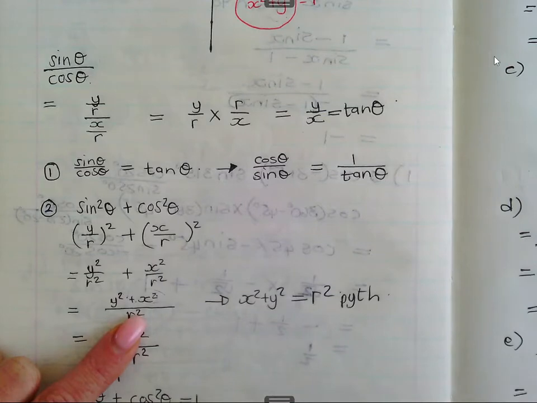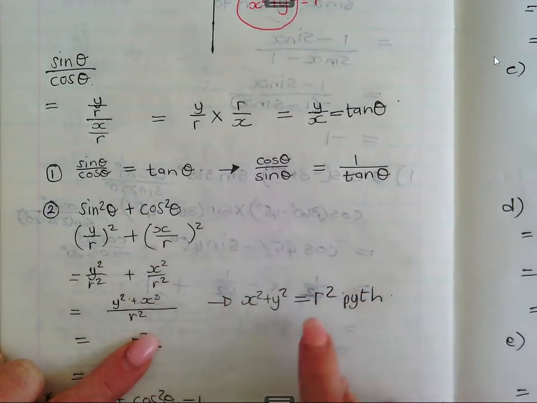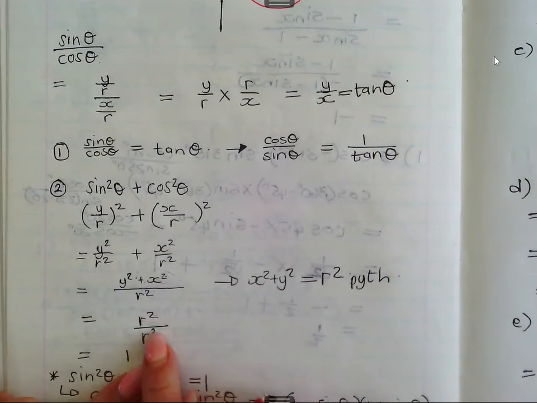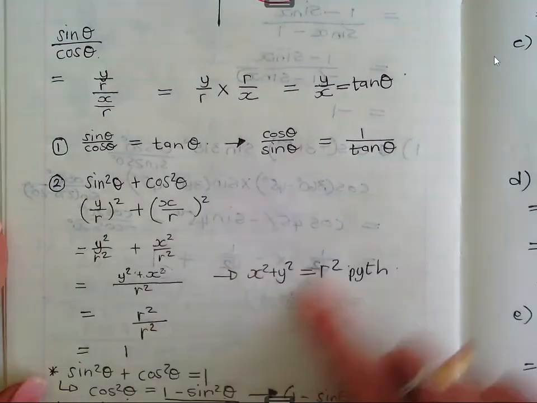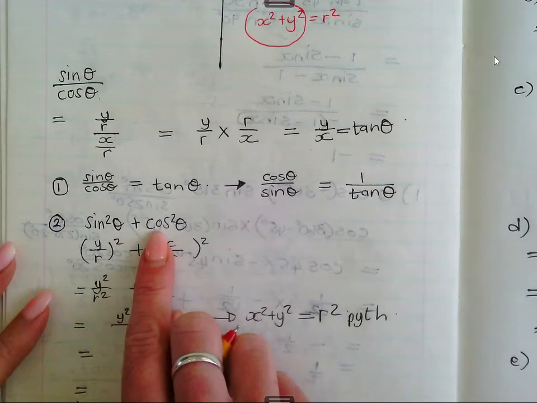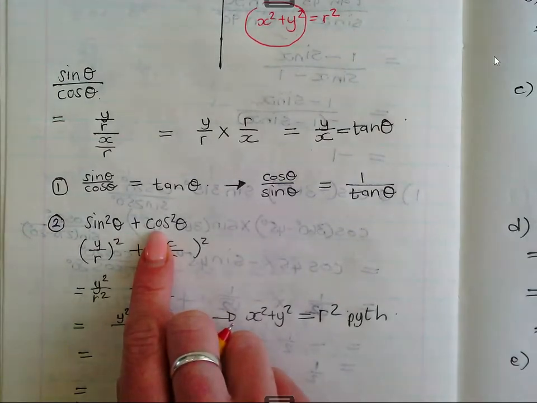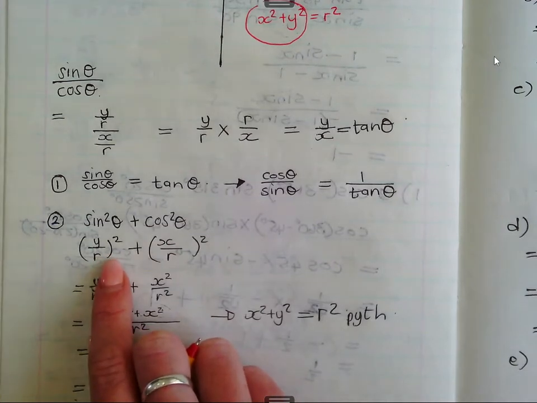Remember, you're going to do the application. This is just the proof. So I put the r squared back in there. So I've got r squared over r squared, which is 1. Because of this, whenever you see sin squared plus cos squared, the answer is 1. Sin squared 10 plus cos squared 10, 1.